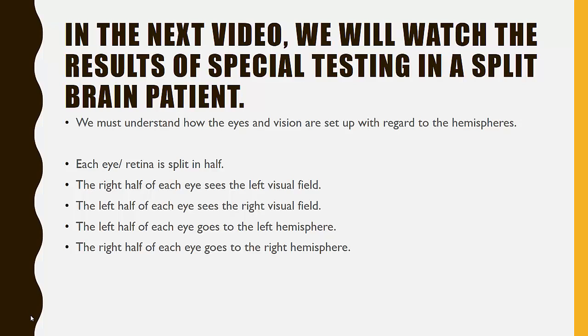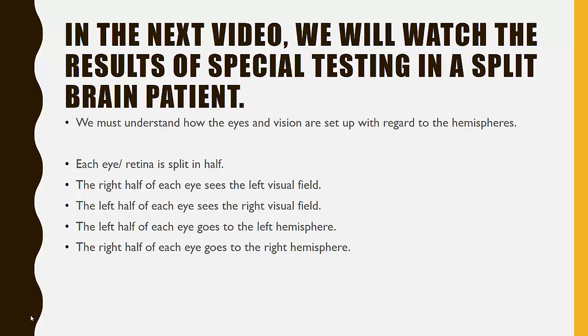When they do this testing, you need to understand how the eyes are set up with regard to the hemispheres. We know that his corpus callosum has been cut, but now let's look at the eyes. I want to warn you, in my face-to-face classes, we usually have to go over this over and over. I'm going to try to do it as simply as possible, but if you don't grasp it, please don't think you're the only one, okay?